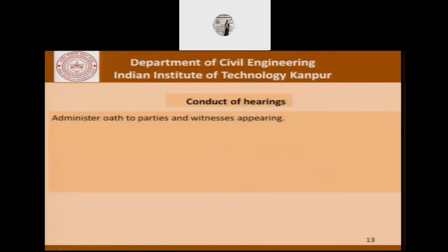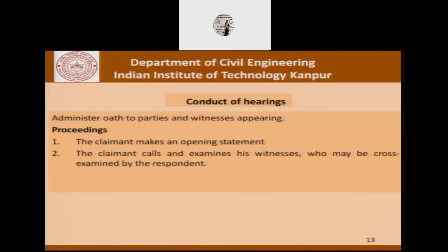As far as hearings are concerned, it's like a legal procedure. The first thing is that as the proceeding happens, the claimant makes a statement of claim, and then this is open. It's a usual judicial process.